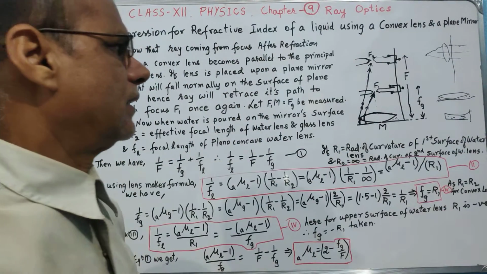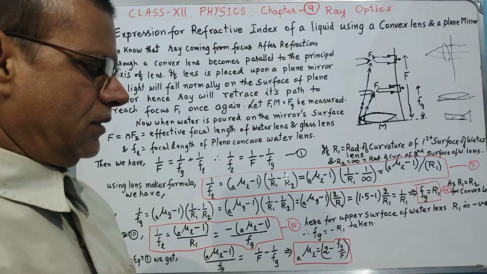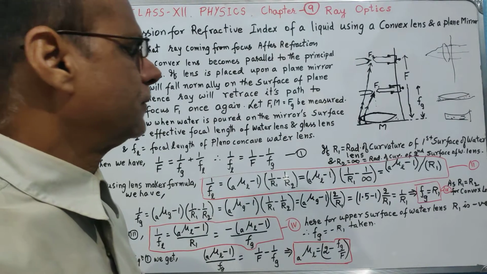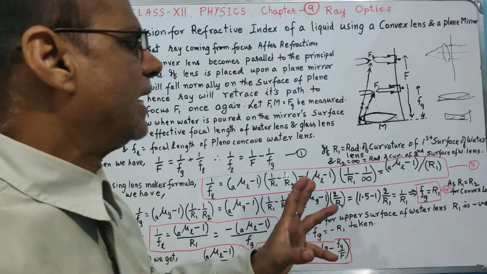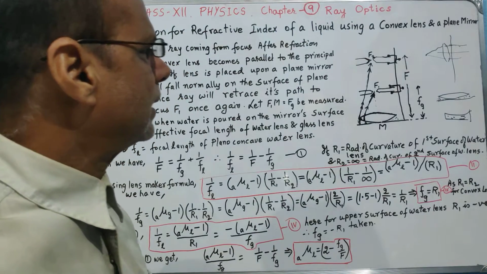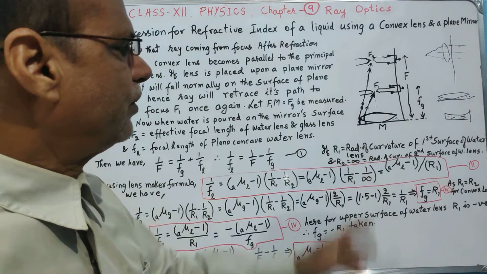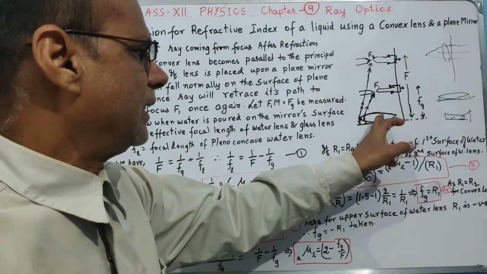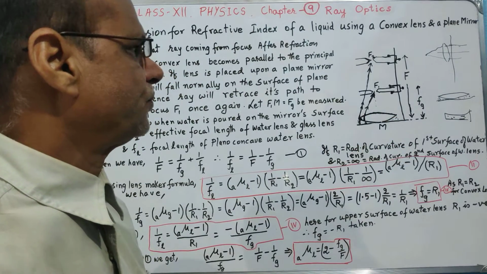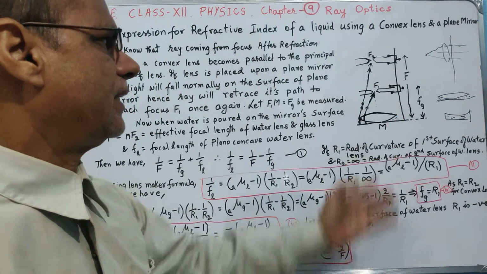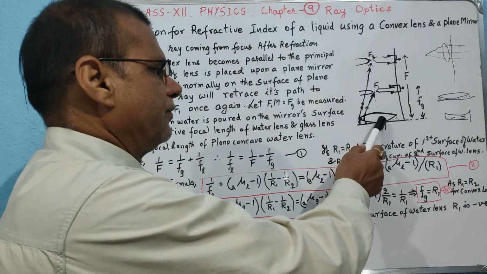This plano-concave lens formed by water will also act like a lens, and the combined focal length of the convex lens and the water lens could be found in the same fashion as we have found the focal length of the convex lens.